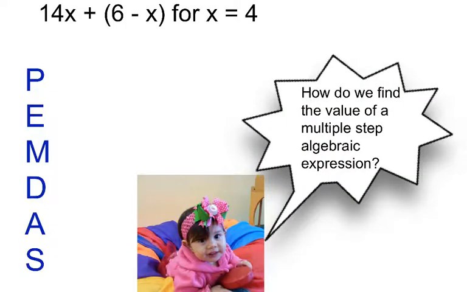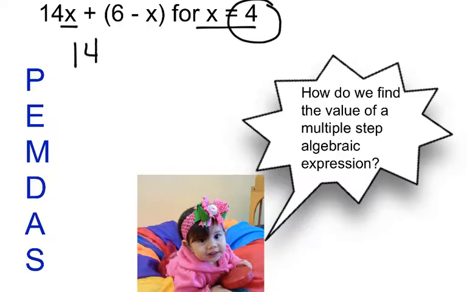So let's get started. If we have the expression 14x plus the quantity 6 minus x, when x equals 4, how do we find the value of a multiple-step algebraic expression? Well, we have to remember to plug in the variable if we're using substitution. So instead of the x, everywhere I see an x, I'm now going to put a 4.